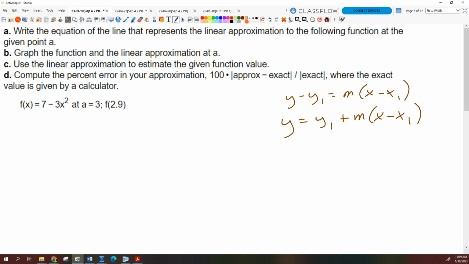Something like that. Okay, so what's that become for part A, for our linearization then? This is the equation of the line, right? So we would replace y with L of x, if we want to write it in function notation. Okay. What is y1? What is it?